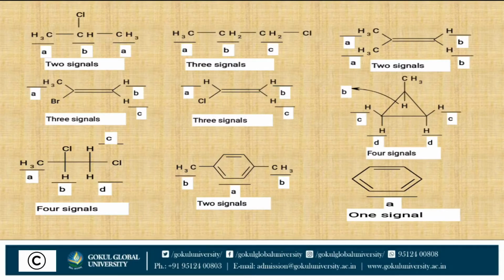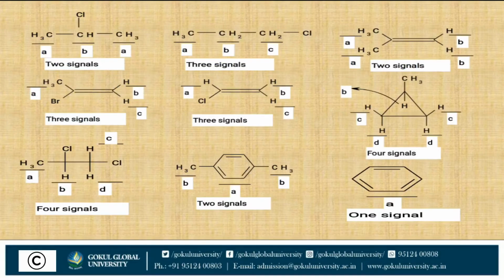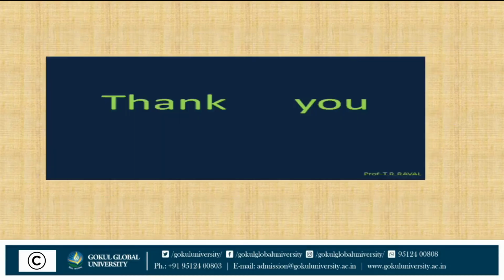So this molecule has four signals. These are all examples of determining the number of signals by the different kinds of protons, equivalent or non-equivalent. So thank you for listening to my lecture.